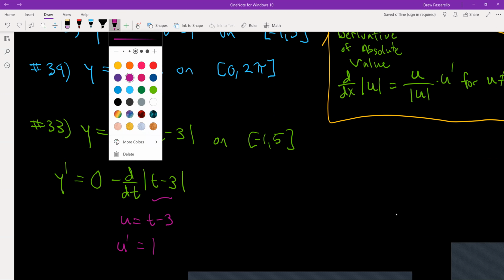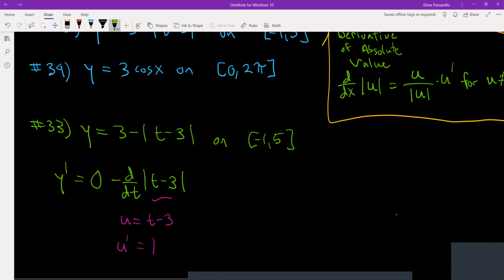So u prime is just 1. So y prime is going to equal, and we can just ignore the 0 in the beginning, so it'd be minus, and then u over the absolute value of u. Well, u is t minus 3, and then the absolute value of t minus 3, and then times u prime.